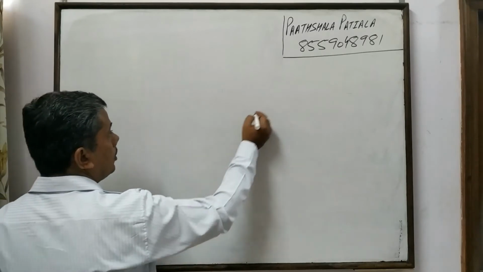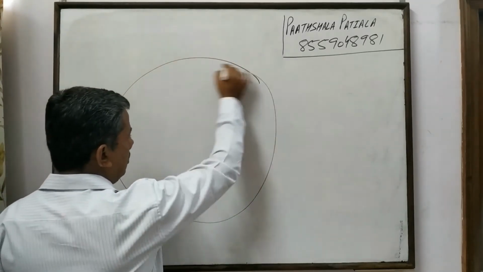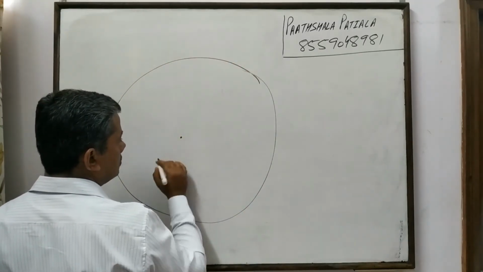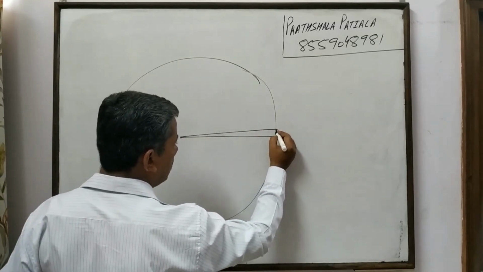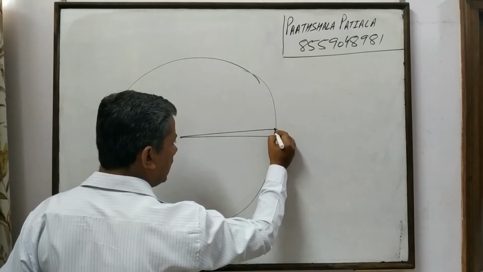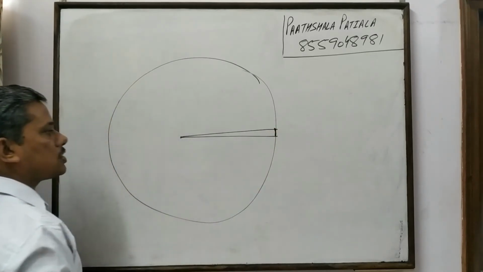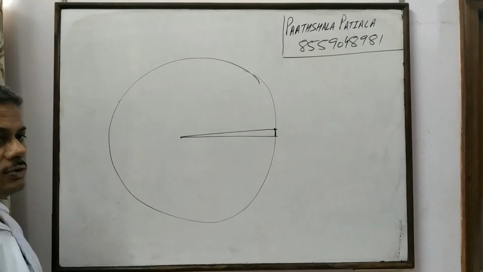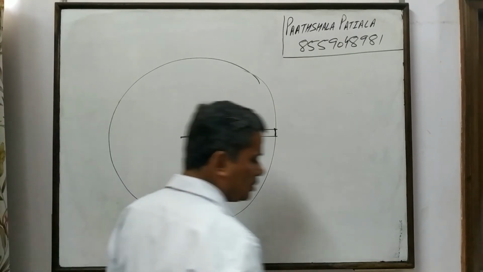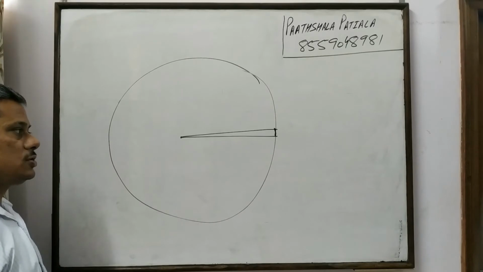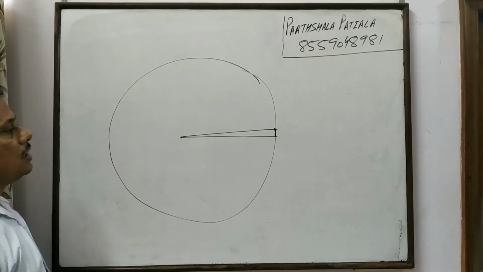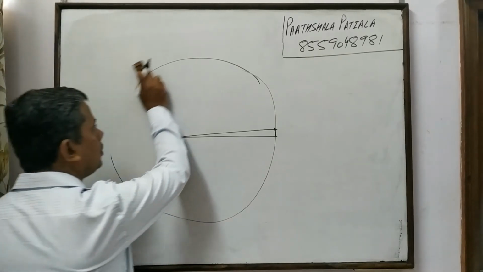Like you have this large circle, you have this small angle, a very small angle, then this chord and the arc are approximately of the same length. So in future, when the angle is small and the radius is large, we take the arc length as approximately equal to the chord.